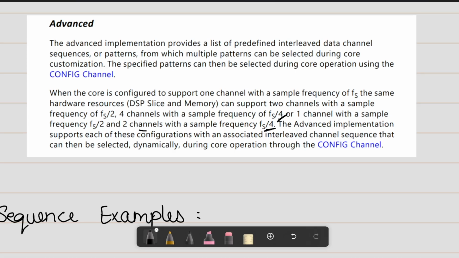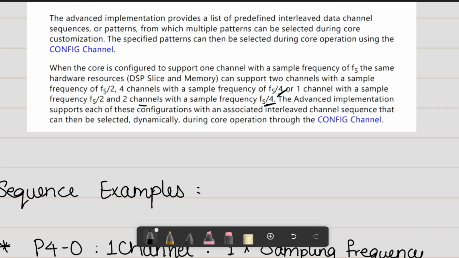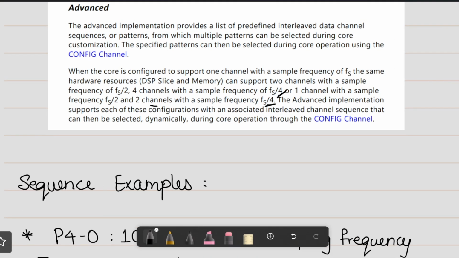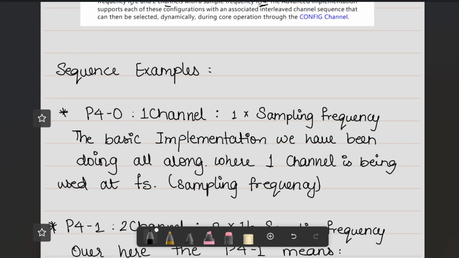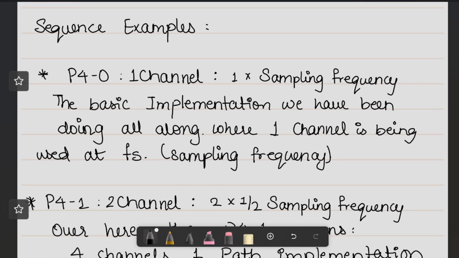Similarly, another configuration could be one channel working at fs by 2 and two channels working at fs by 4. All of these configurations are always predefined and can be used one after the another. Let us look at some sequencing examples to understand it better.